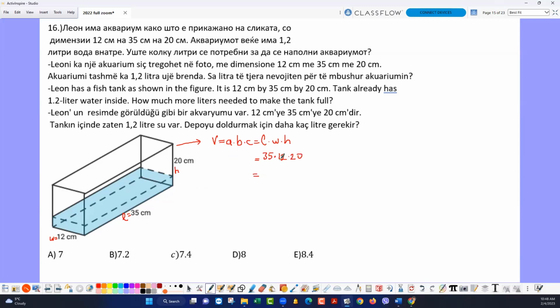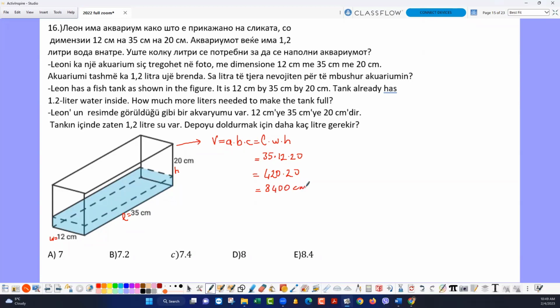So 35 times 12, 350 plus 70, which is equal to 420. 420 times 20 is going to be equal to 8,400.